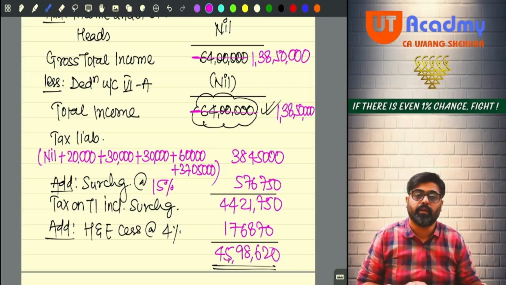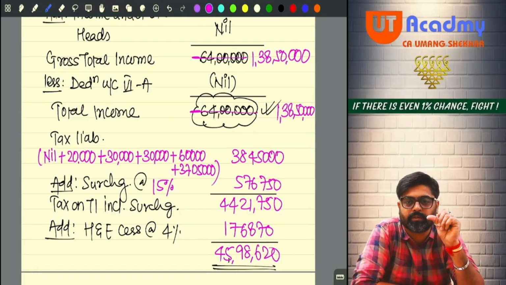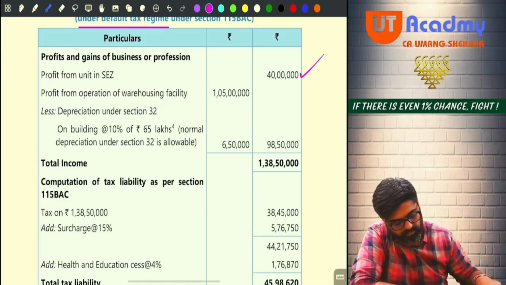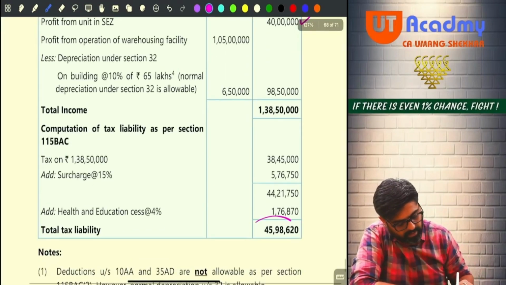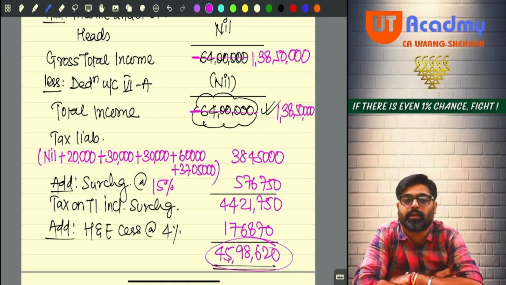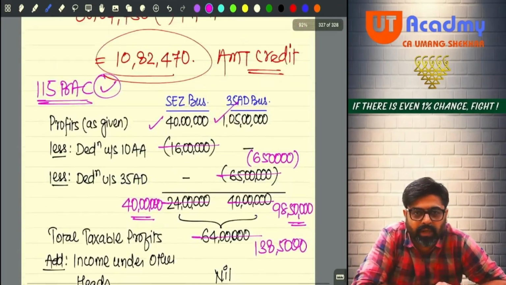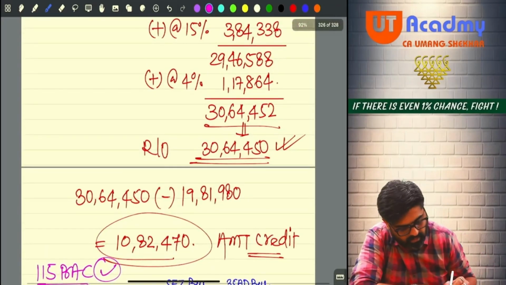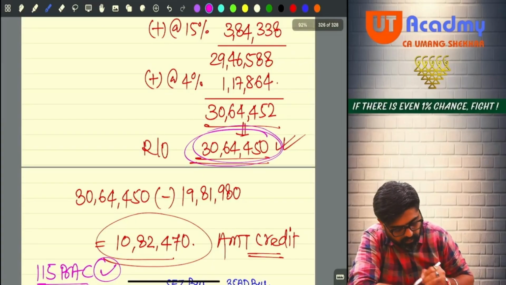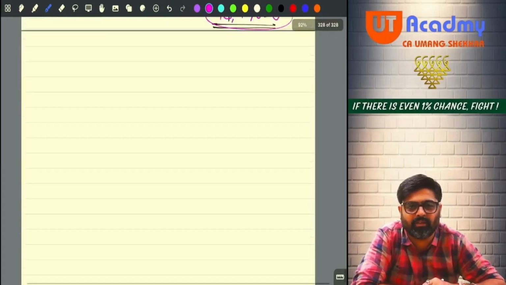45,98,620. See, if you don't follow 115BSC, your final tax will be this much. Please check the final amount. 45,98,620. Now, if you follow 115BSC, then they are going to take how much from you? 30,64,450. It is still lower than 45 lakhs, no?